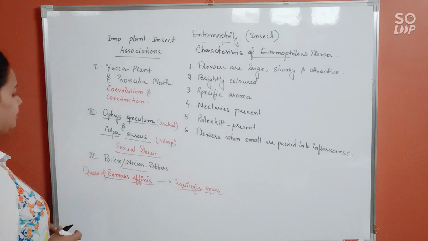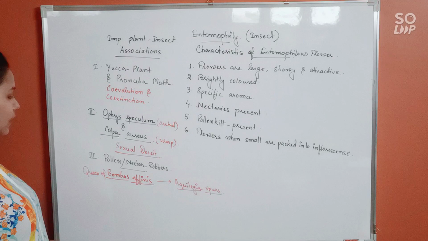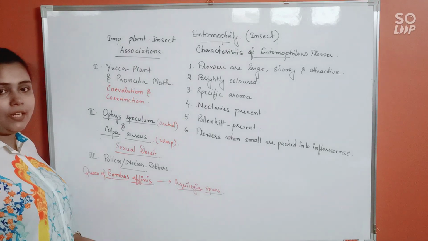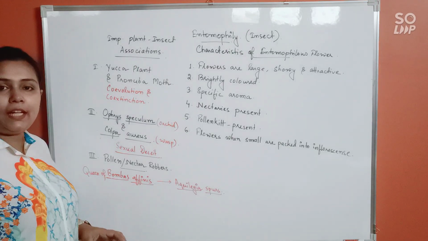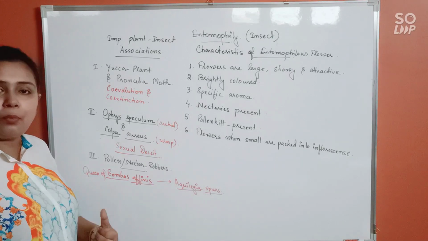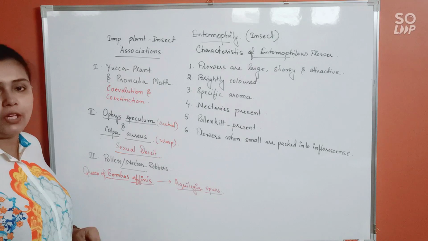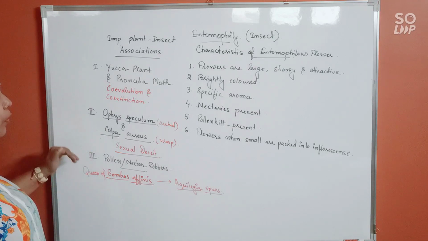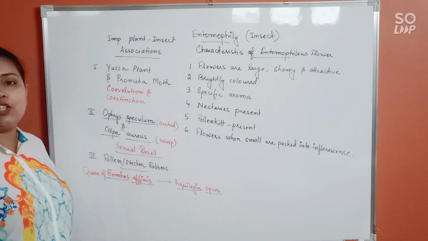Example is Queen of Bombus affinis, which will be perforating the flower of Aquilegia spurs and taking the nectar and the pollen but will not cause any kind of pollination. So these being the three important facts regarding insect pollination as well.